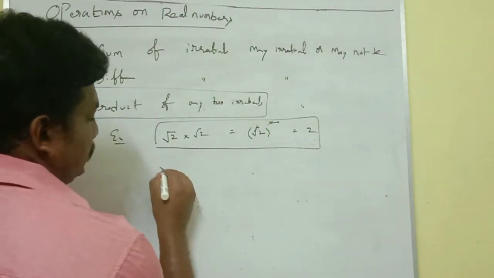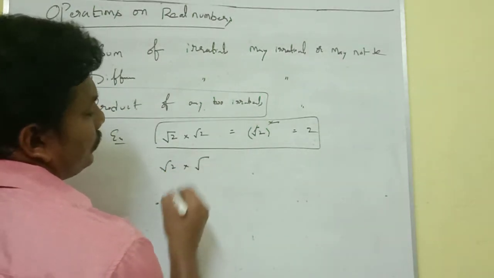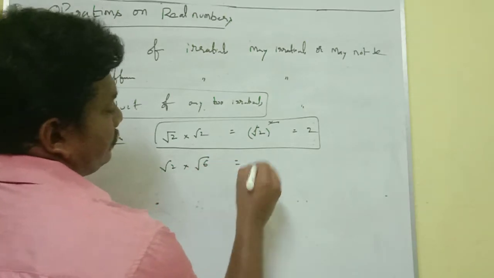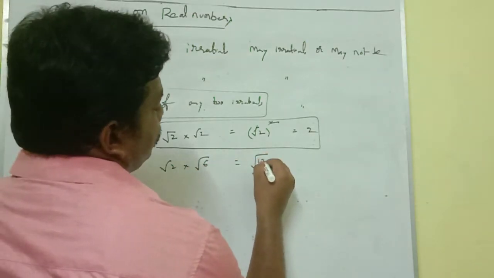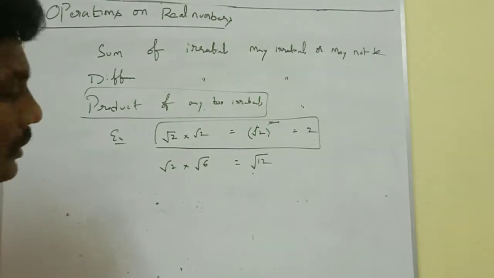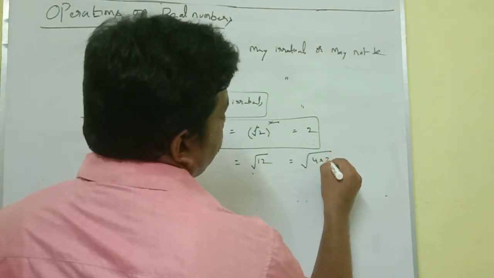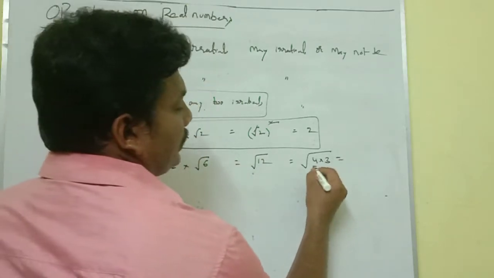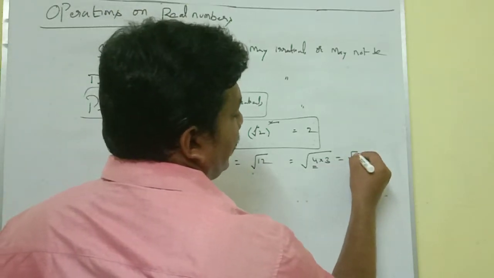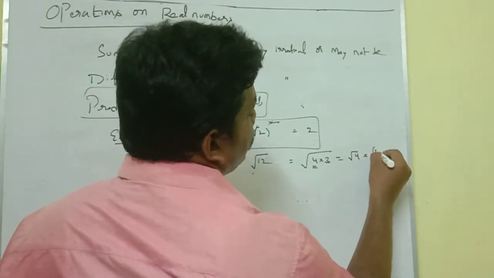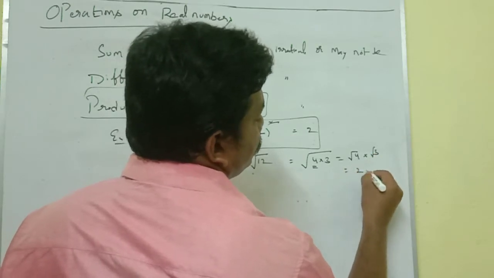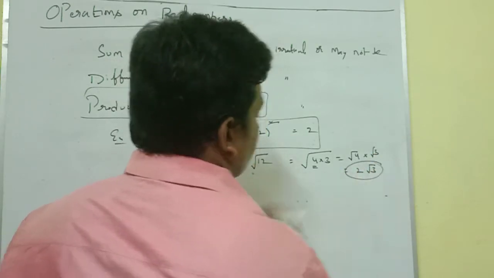And sometimes, the product of root 2 into root 6 is root 12. This can be written as root of 4 into 3, which splits as root 4 into root 3. Root 4 is 2, so 2 root 3. This is an irrational number.